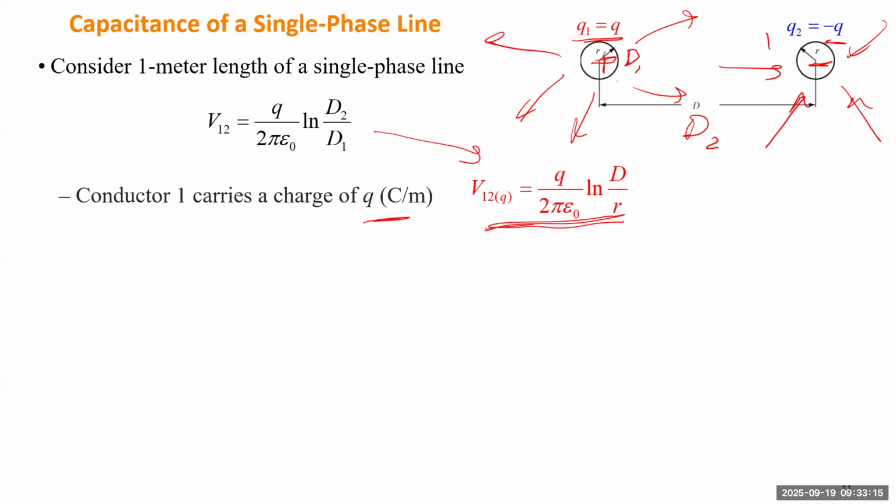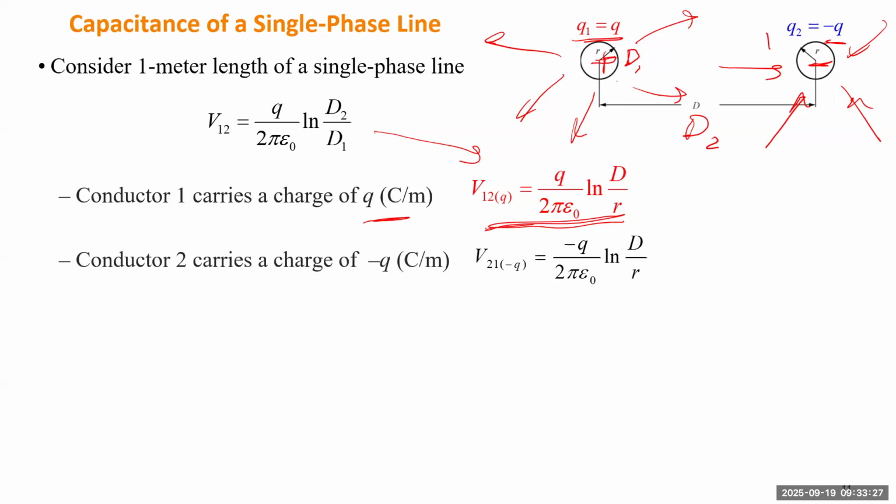Your second conductor has a negative charge that actually creates another electric field, which also generates some potential difference between the two distances. So we also need to consider that one. We consider conductor 2 carrying a negative charge. Basically, the same formula applies: we just swap between 1 and 2, and replace Q by negative Q. That's just an application of exactly the same formula.